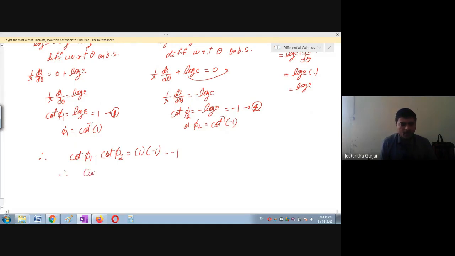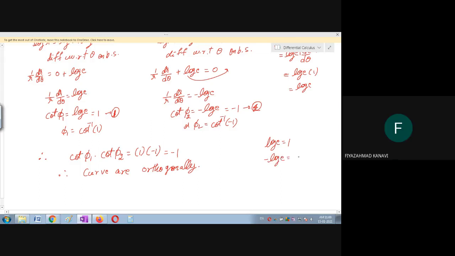Therefore, what we have proved is that the curves are orthogonal. Sir, why have we taken that as minus 1? See here, log e is 1, am I right? Yes, sir. So if I take minus log e, will it become 1 or minus 1? Minus 1.